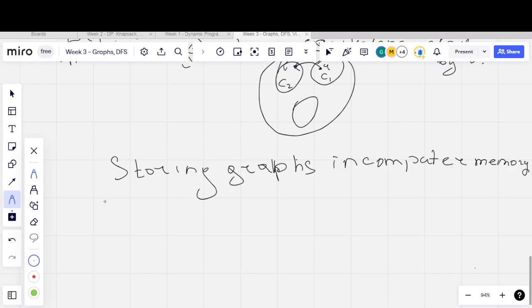Let me remind you what an adjacency matrix is.